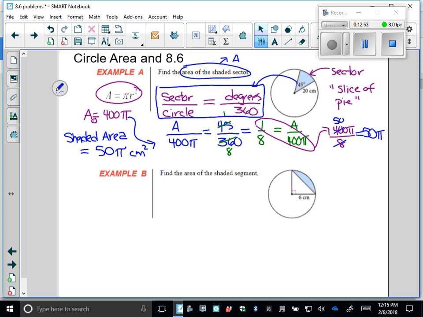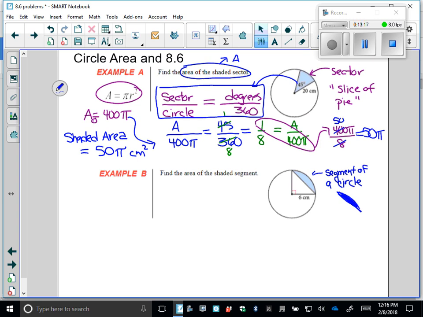So if I want this little piece, that's called the segment. A segment of a circle is kind of like the crust of a pizza.